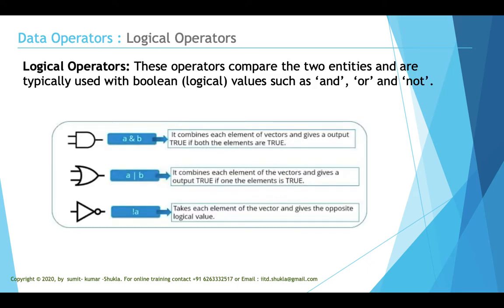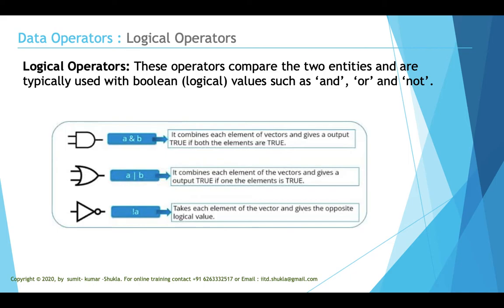So logical operators compare two entities, and they are based on typical Boolean or logical values like and, or, not. We use these in 12th, I think, if some of you are from a science background. If you are from a science background, you must have read these three diagrams, right?